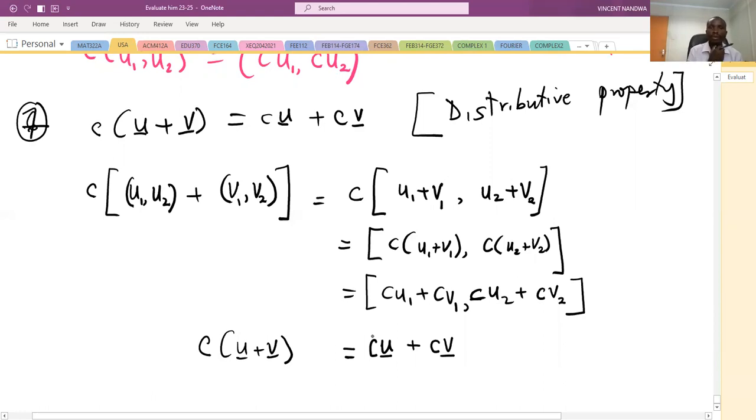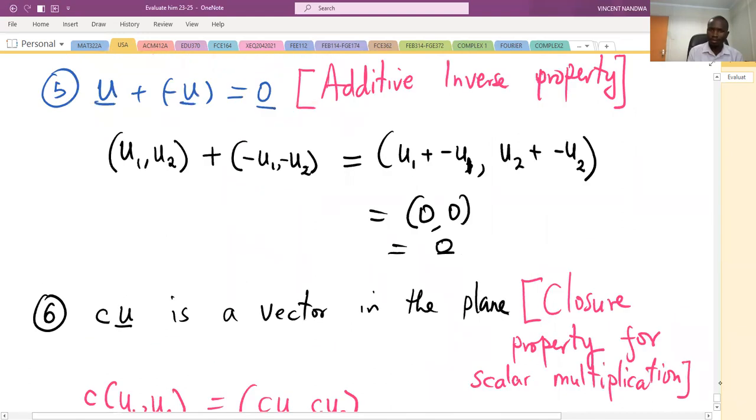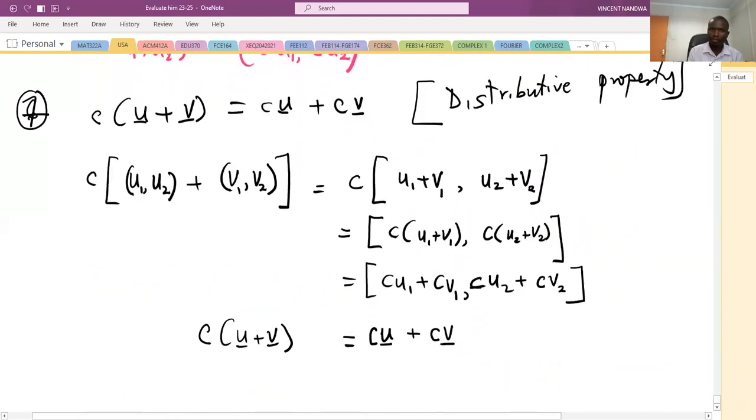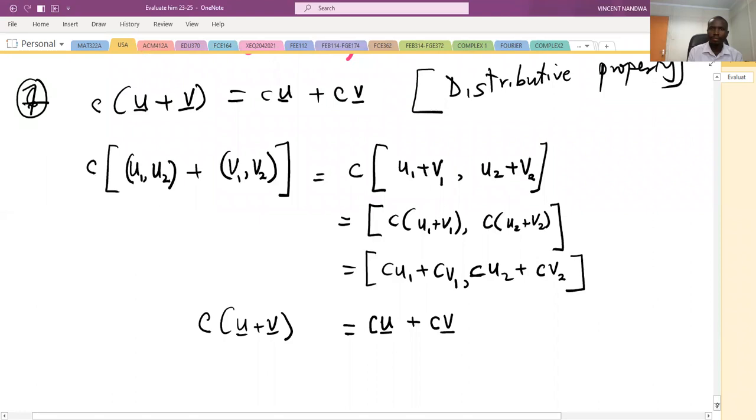So that's the distributive property. Actually, to see it clearly, you can say this is the same as C into U and then plus C into V, because this is the sum of these two, then simplifies to this.